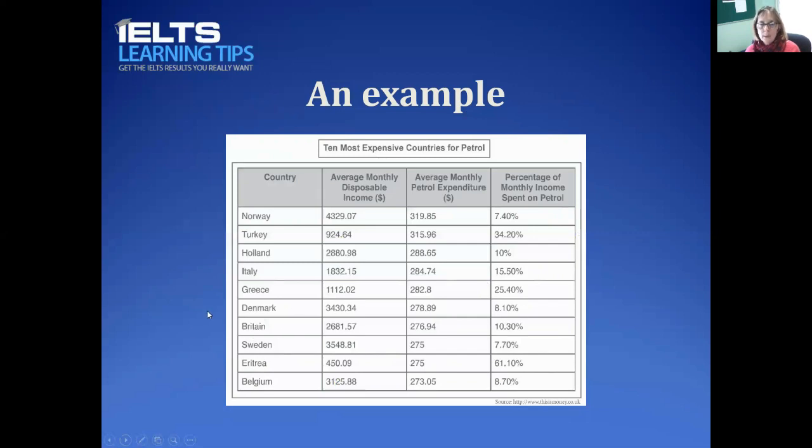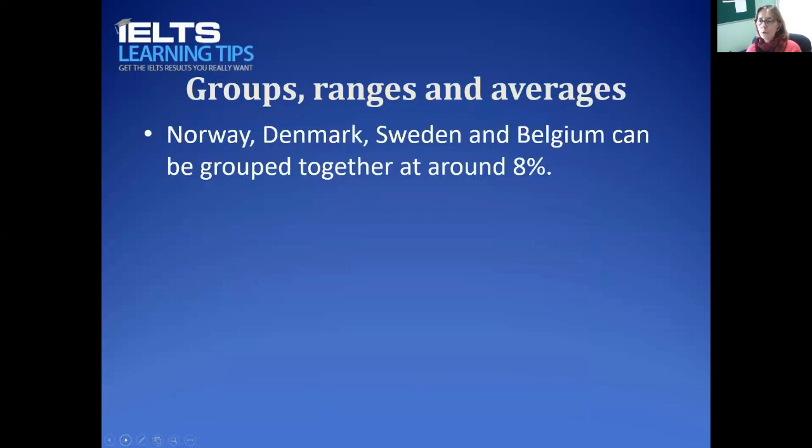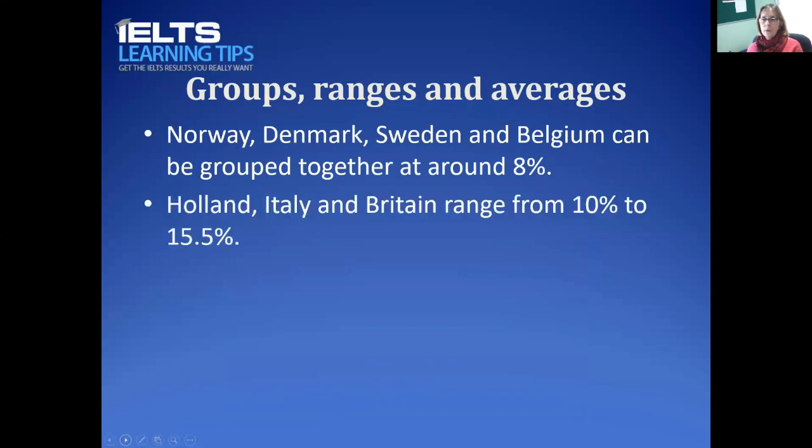So by grouping them, we can now create fewer sentences to look at the numbers, and we can have the numbers expressed in ranges or in averages or in groups. So here are the 4 countries around 8%, then 3 countries between 10 and 15%. So here's an average, here's a range. These two are similar, so there are just 2 countries there, so you could make some comparisons there.